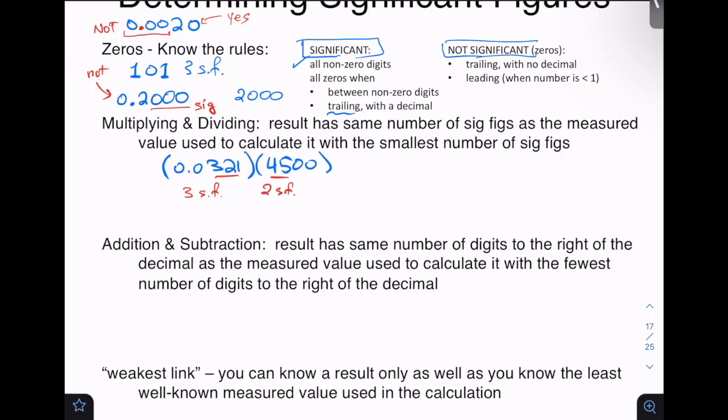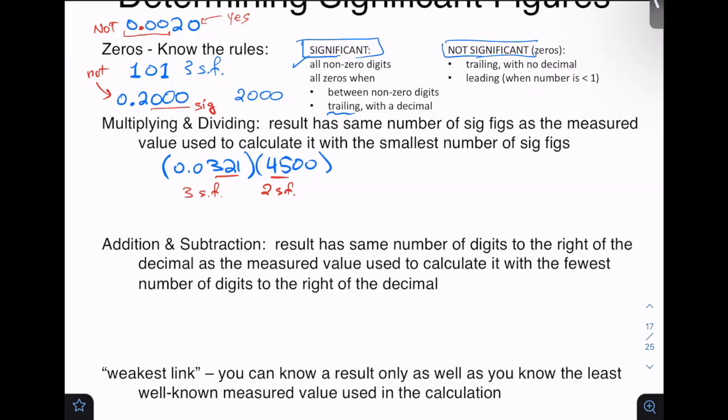That means that the measurement with the most uncertainty is what's going to limit our final answer as we report it in sig figs. So if I take out my little calculator here, and remember, in this class you only need a simple calculator like this. We're not doing much more than multiplying and dividing, adding, subtracting, and using exponents.